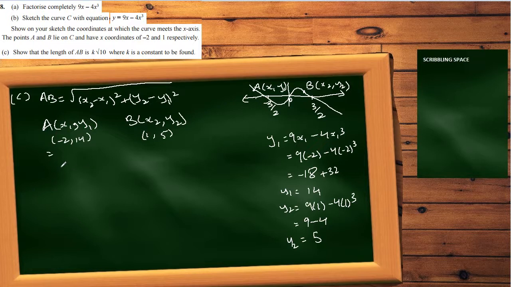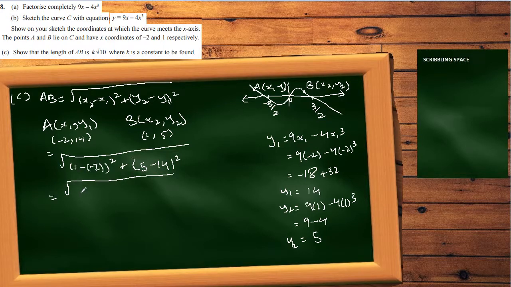So what we can put in this formula is this. We have x2 minus x1, so 1 minus minus 2, squared, plus y2 minus y1, so 5 minus 14, squared, all under root.